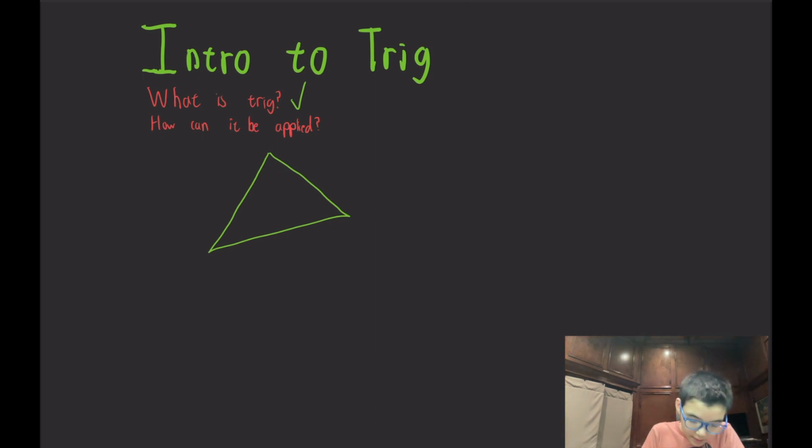It's saying that if we have this triangle with side lengths a, b, and c, then we can find this angle, and this angle, and this angle. Let's say this angle is x degrees. Then the law of cosines tells us that the side opposite from x, which is c, so c squared, is equal to a squared plus b squared.